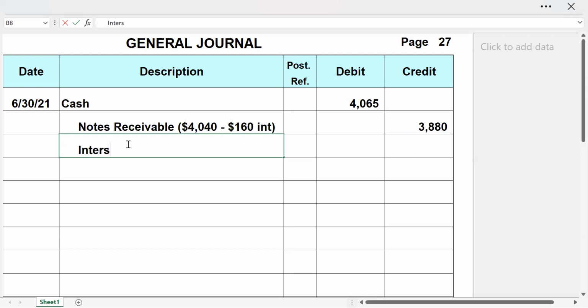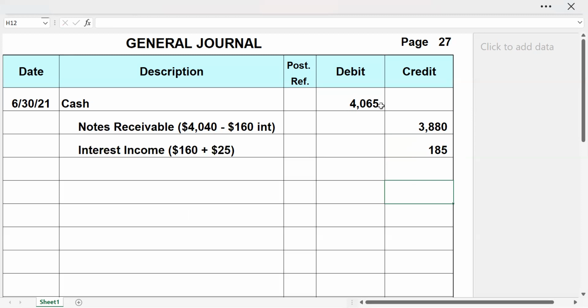Then we have interest income, or interest revenue, whatever you want to call it. It's going to include the $160 from the note plus the $25 from the bank. So that's going to give us a total of, sorry, $185. So we have $185 of interest added to $3,880, and that gives us a total of $4,065.